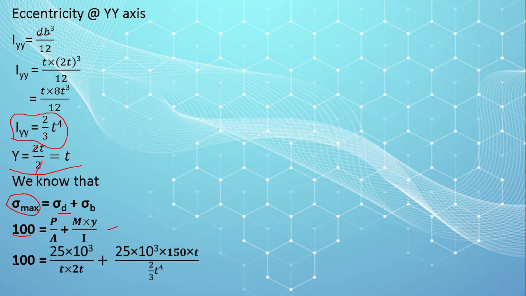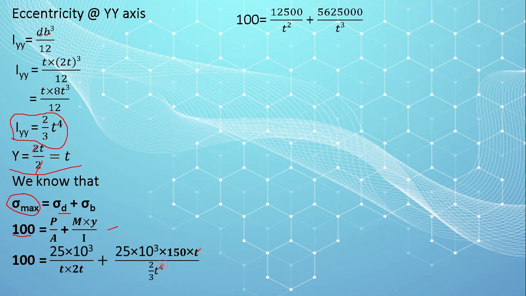This equation becomes 100 is equal to 25 into 10 raised to 3 divided by t multiplied by 2t, plus 25 into 10 raised to 3 multiplied by 150 multiplied by t, divided by the moment of inertia, 2 divided by 3 t raised to 4.